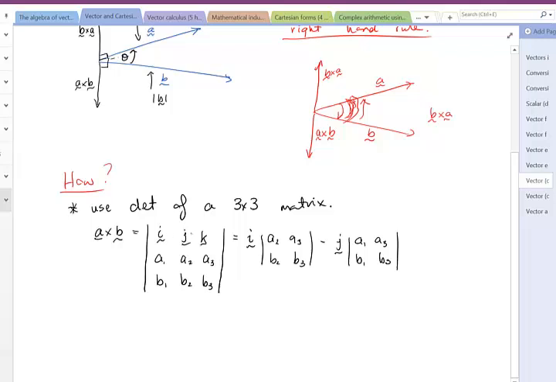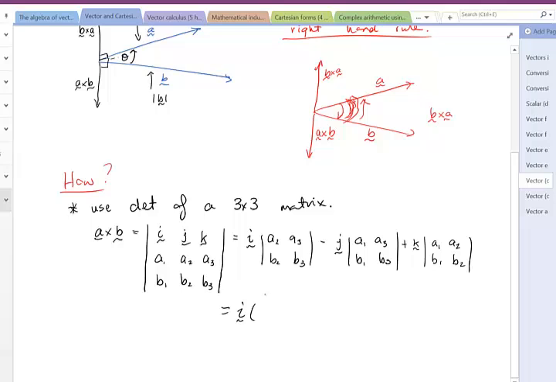So again, we don't consider the row and column that includes J, and then finally plus K, and that will be A1, A2, B1, B2. Expanding this out gives us the definition of the cross product in component form.